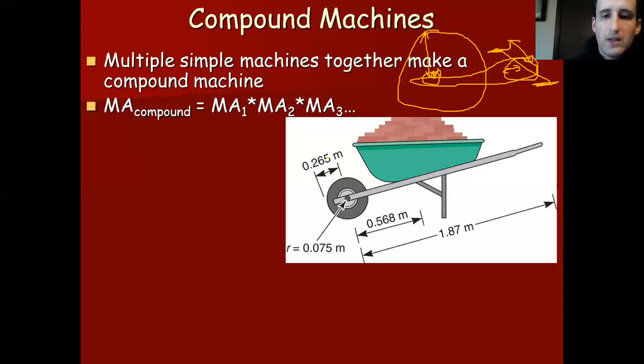So let me take these numbers from the picture and stick them into this compound mechanical advantage. Because again, the principle is that we just multiply the smaller mechanical advantages together, and that will tell us the overall mechanical advantage.